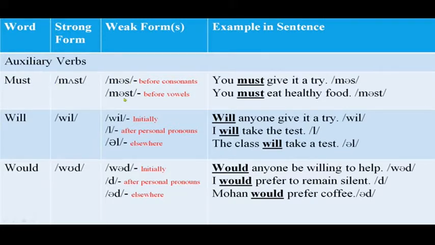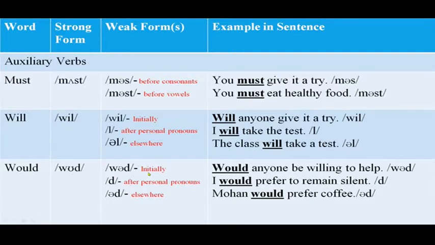'Must' is pronounced as /məst/ when it is placed before vowel sounds. 'Will' is pronounced as /wɪl/ when it is placed initially in a sentence. It is pronounced as merely the l sound when it is placed after personal pronouns, and it is pronounced as /əl/ in other positions.